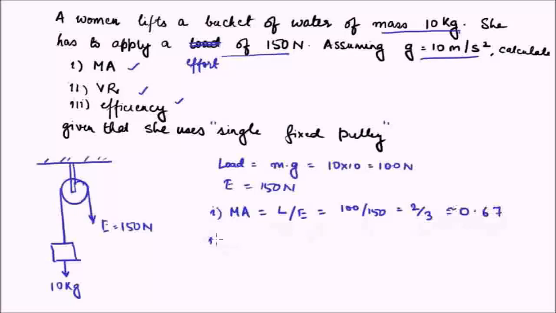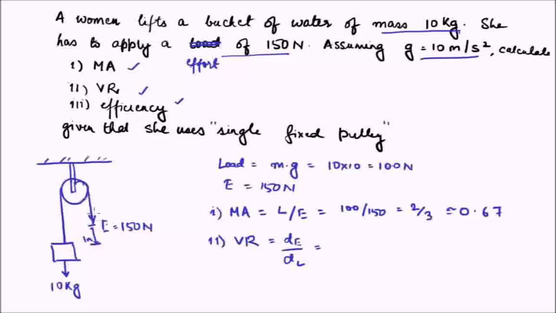The second part asks us to find the velocity ratio. Now what is the velocity ratio? Velocity ratio is the distance moved by effort upon the distance moved by load. This is the basic definition of velocity ratio. Now if we imagine that the effort moves down by, let's say, 1 meter, then how much is this load going to move?